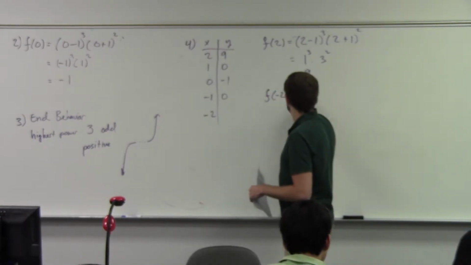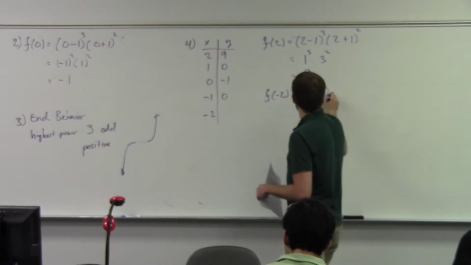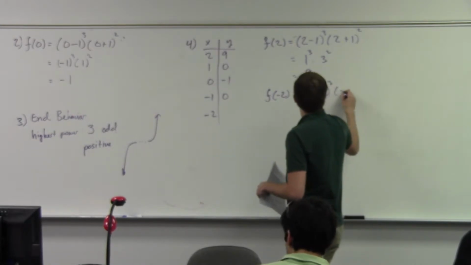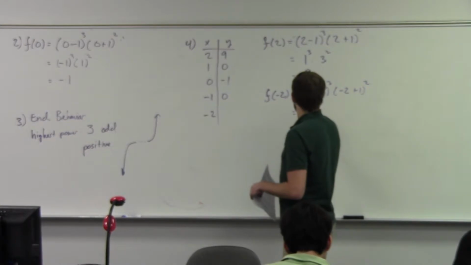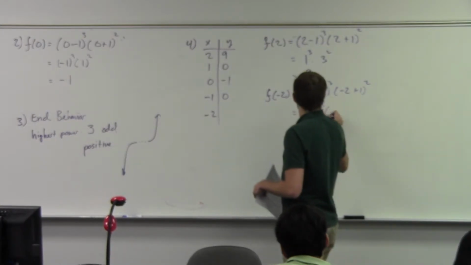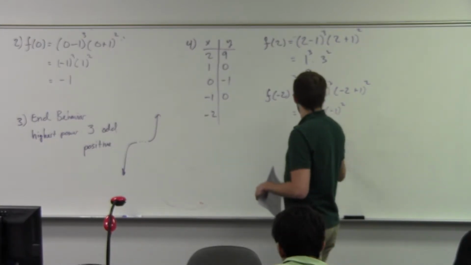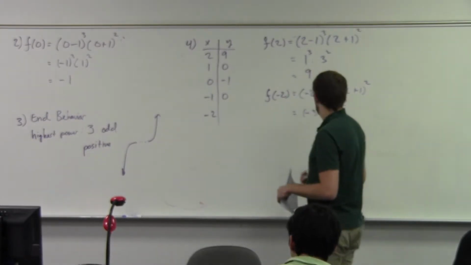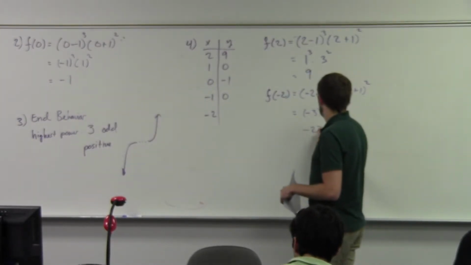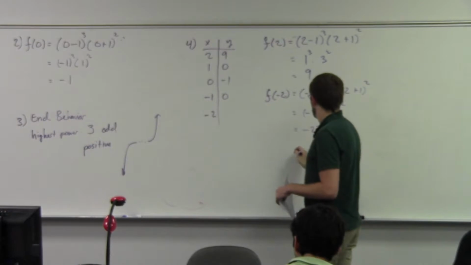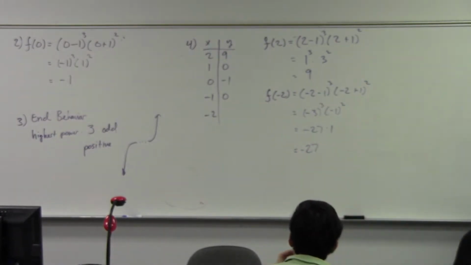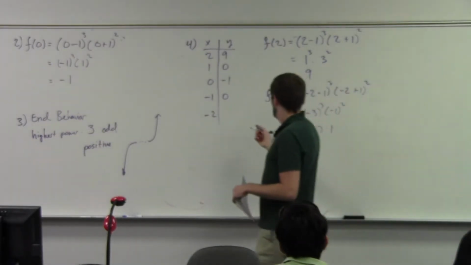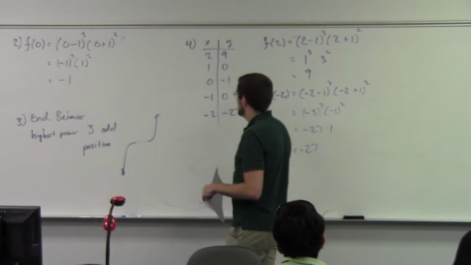And then f of negative 2, I have negative 2 minus 1 cubed, and then negative 2 plus 1 squared. This is negative 3 cubed, negative 1 squared. So 1 times negative 27. All right. So these points okay? All right, so I have negative 27. It's another big number we can't graph.